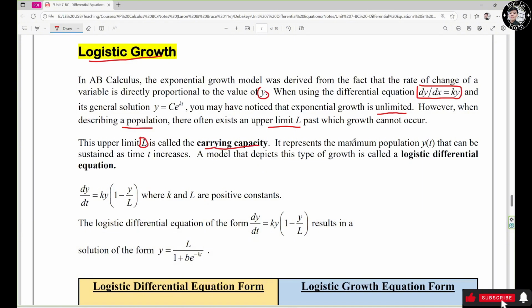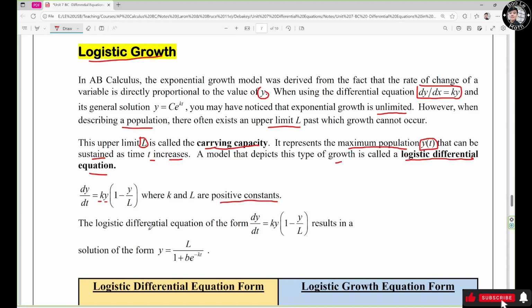It represents the maximum population y of t that can be sustained as time t increases. A model that depicts this type of growth is called a logistic differential equation: dy over dt equals k times y times 1 minus y over L, where k and L are positive constants.